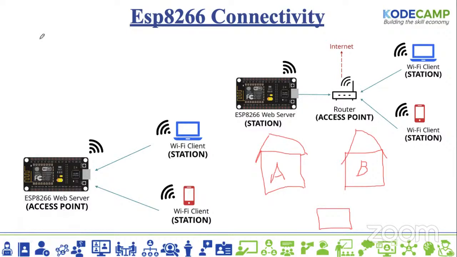The first one is WPA2. This is the first method of how you can protect it, and it stands for Wi-Fi Protected Access version 2. We are going to talk about it later on.